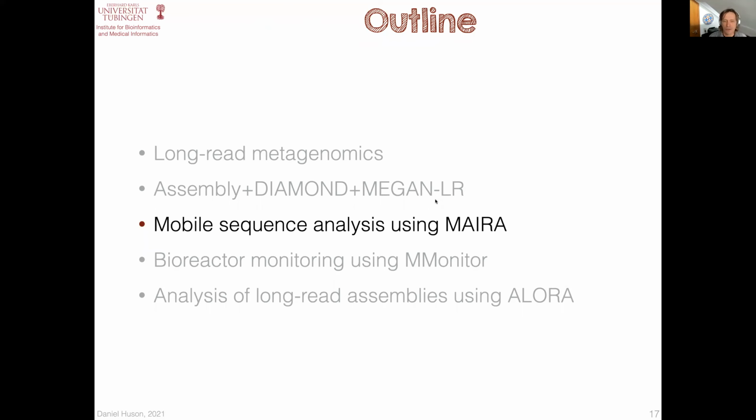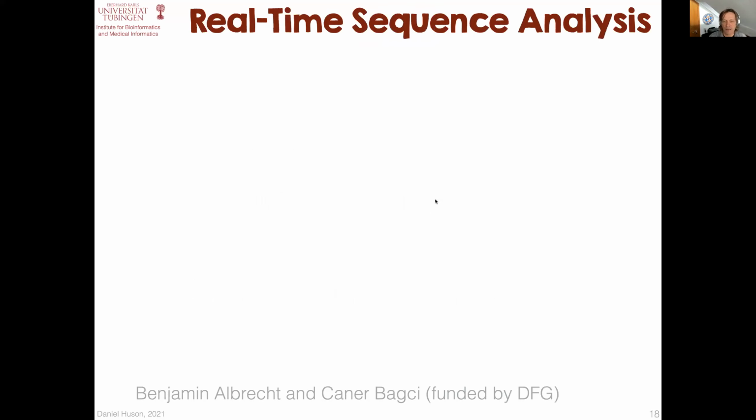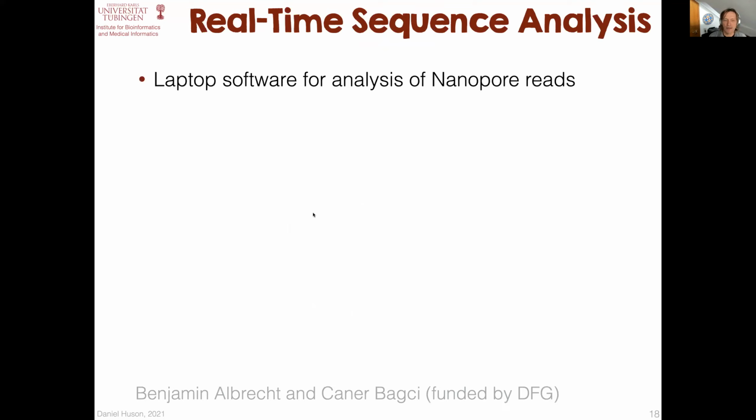MAIRA is something that I've talked about in some presentations, so some of you might have already heard of this software that we developed in a DFG project. This was Benjamin Albrecht, who now works for CeGaT, the sequencing company here in Tübingen, and Jana Baci, who has now moved to Nadine Simat's group in biotechnology.